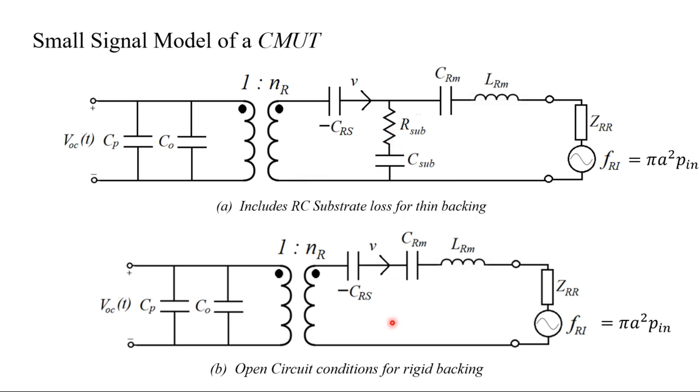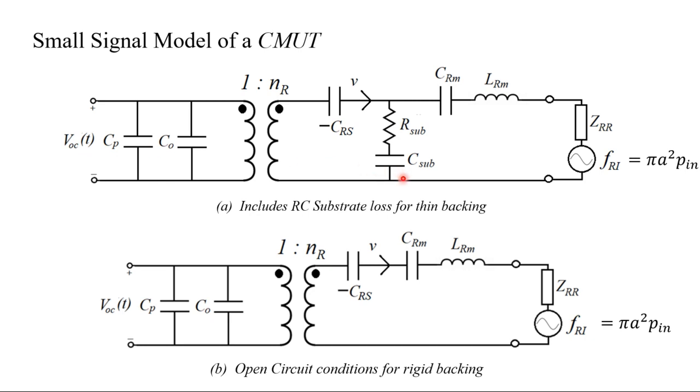The only difference between these two circuits is the receivers. The acoustic port is terminated not only in the radiation impedance, but it has a dynamic force, which is experienced due to the incoming ultrasound pressure. Because of that force, you're going to have a time varying open circuit voltage on the electrical side of the model.